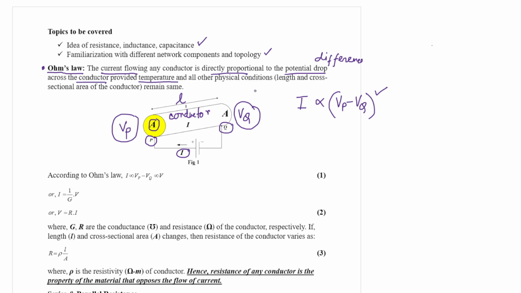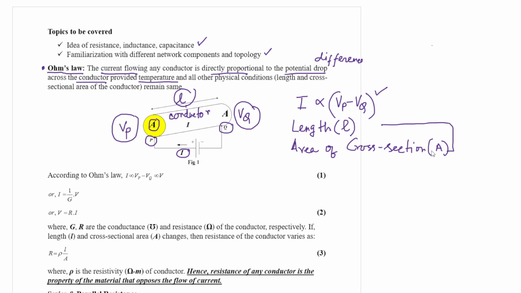Temperature is to be fixed, and some other physical conditions like the length of the conductor and the area of cross section of the conductor should be fixed.